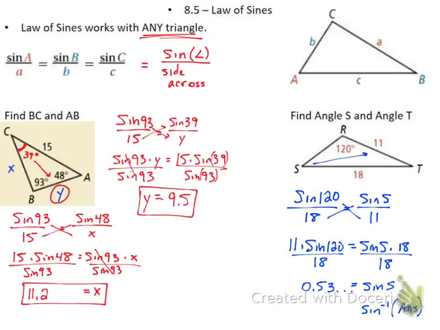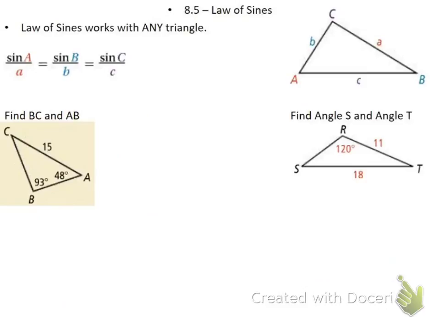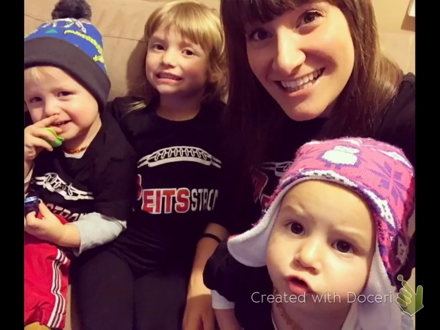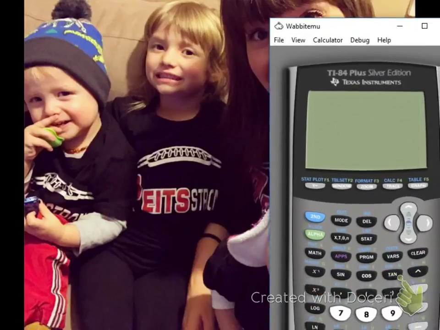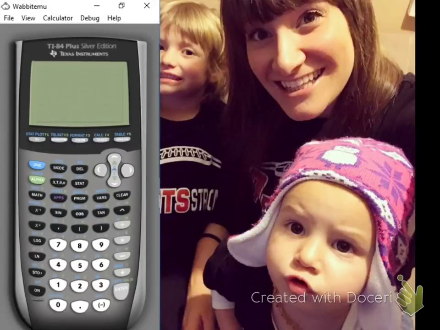And so on our calculator, again, I'm going to do that previous calculation. So I'm going to go sine of 120, close my parenthesis, times 11, divided by 18. So that gives me that point.